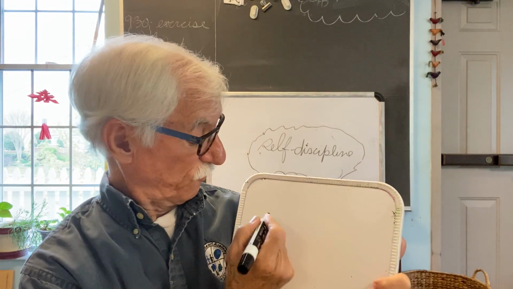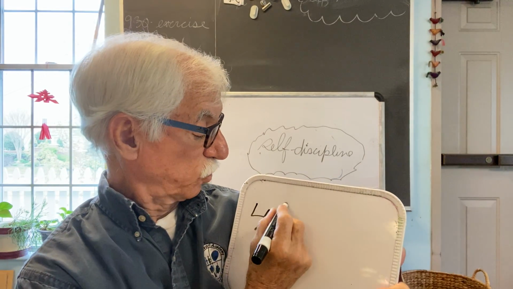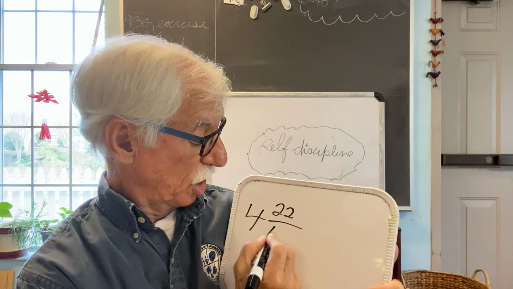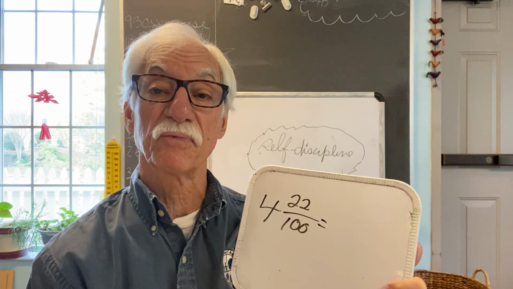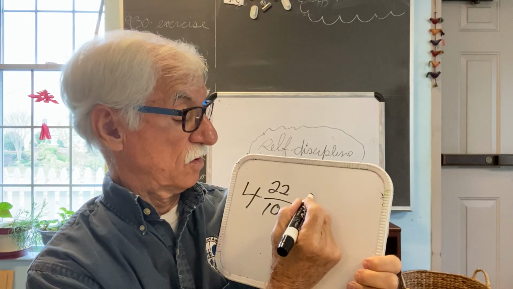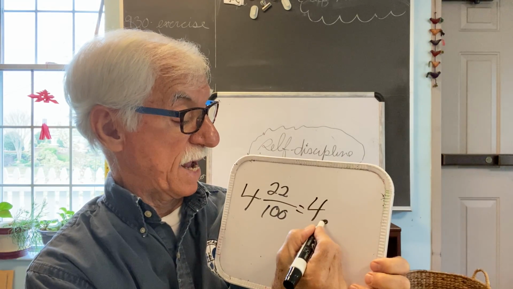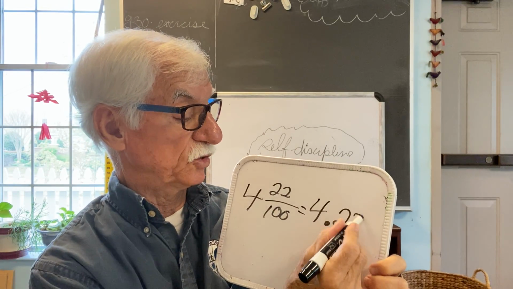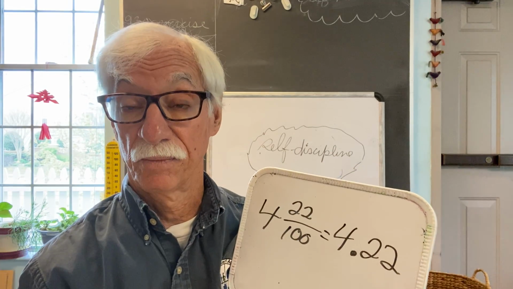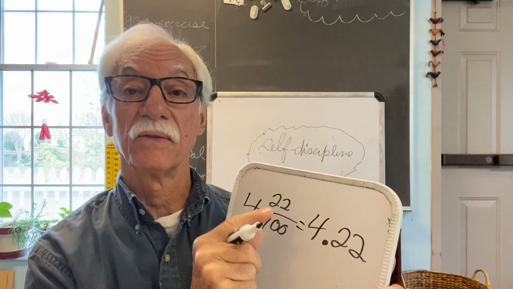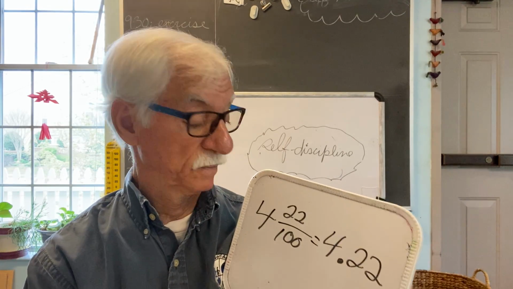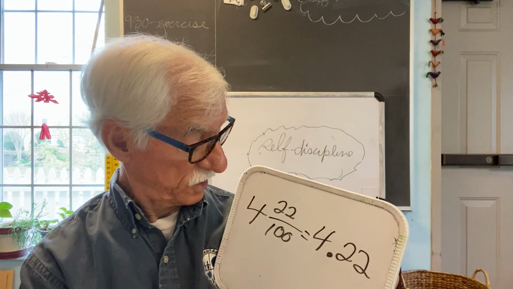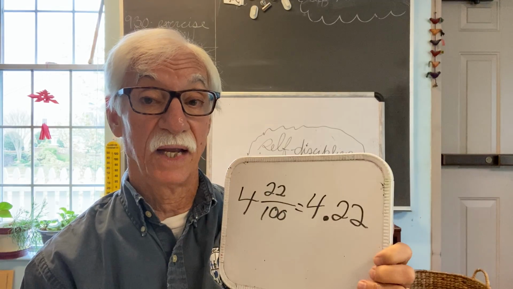Can we write 4 and 22/100ths as a mixed number with a decimal fraction in it? Sure we can. 4 and 22/100ths. I don't say the decimal place value until I get finished reading the number. 4 and 22/100ths is the same as 4.22.